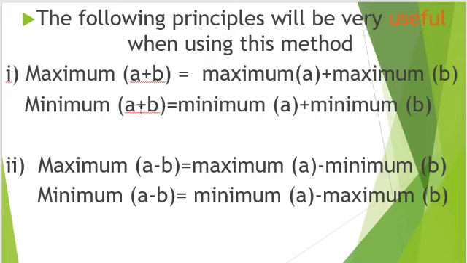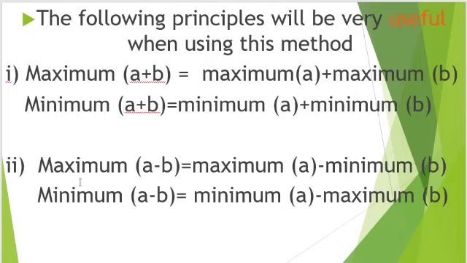Then the minimum of A plus B. I say the minimum, that means I'm looking for a small answer. When I'm looking for a small answer of addition, I'll add two small things. That means minimum of A plus minimum of B. Then the second principle, maximum of A minus B. When I'm looking for a big answer of two values being subtracted, I'm supposed to first have maximum of A minus minimum of B. When I have a big answer minus a small answer, the answer which remains will be big.